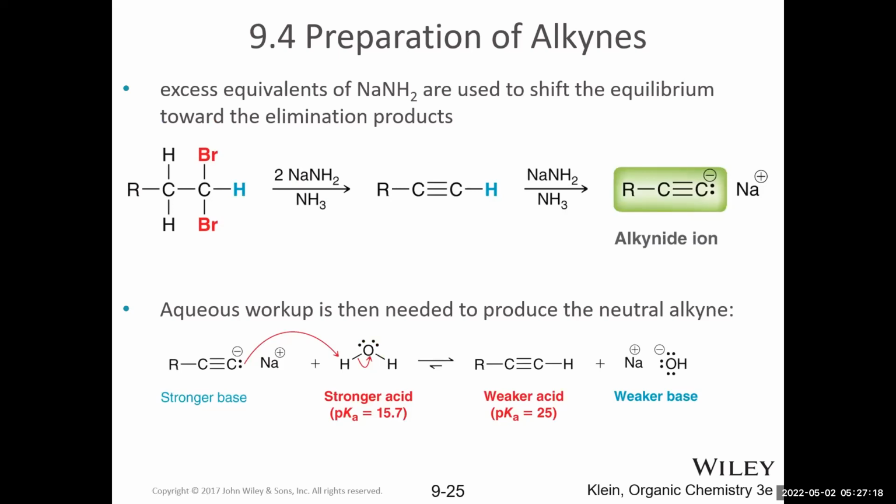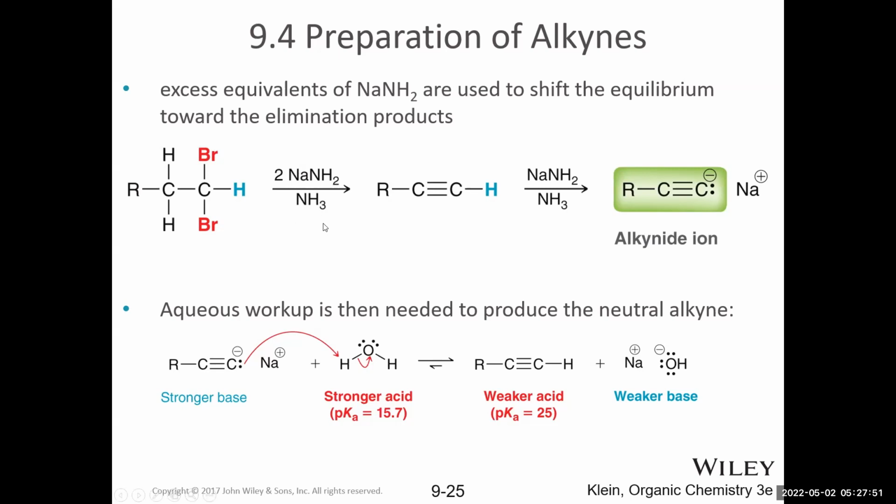So what are the reagents used to do that double elimination reaction to get the alkyne? Well, what we would actually do is take either a vicinal dihalide or a geminal dihalide, and you can treat it with actually 3 equivalents of sodium amide, which is typically prepared in ammonia by treating it with sodium metal.